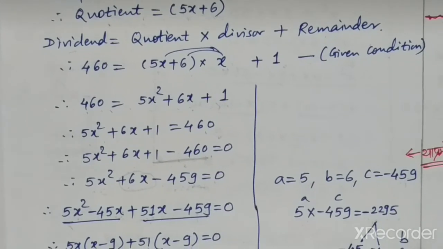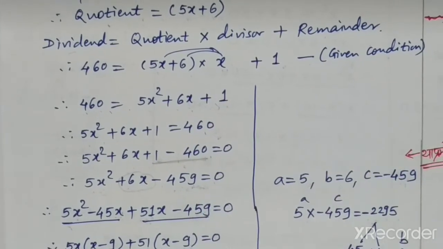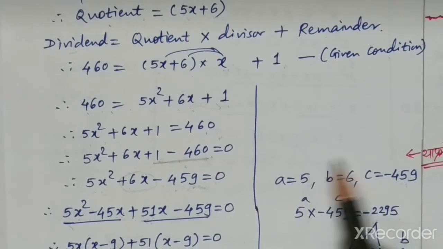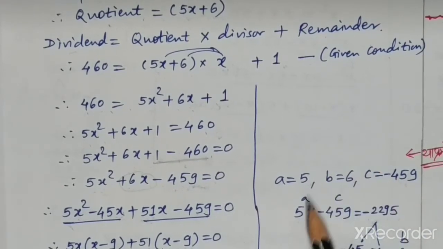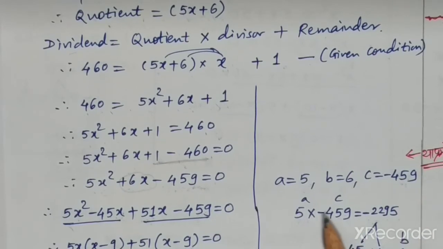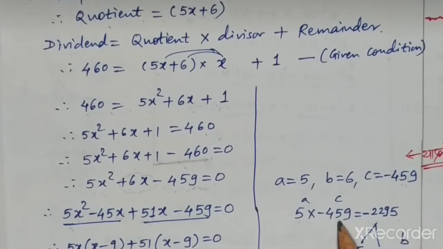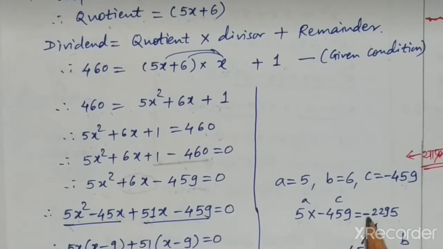Now here we have to solve this quadratic equation by factorization method. So to find the factors, take the product of A and C. So A is 5 and C is minus 459. So A into C means 5 into minus 459 is minus 2295.